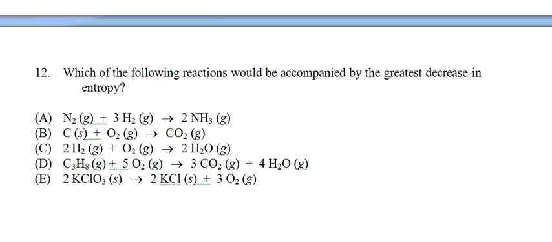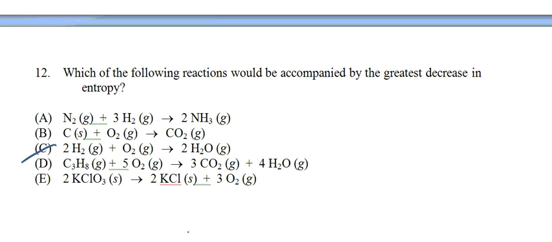Sorry. So we need the greatest decrease in entropy. So we go from 4 particles to 2 in A. We go from 2 to 1 in B. Here we go from 3 to 2. Well, that one's out. We go from 6 to 7. Not bad. That's an increase. And then 2 to 5.